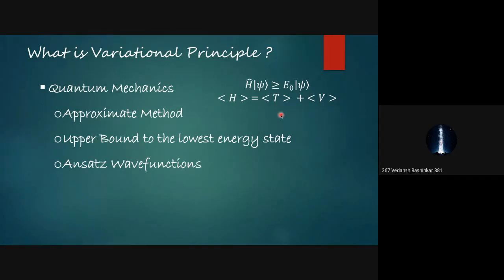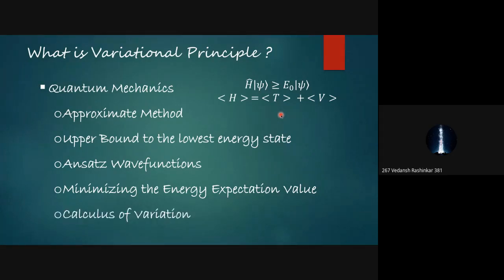Then the energy expectation value is minimized with respect to that parameter, which tells us the required value of the parameter. Further, this variational principle is solved on the basis of calculus of variations, which has wider use in classical mechanics.